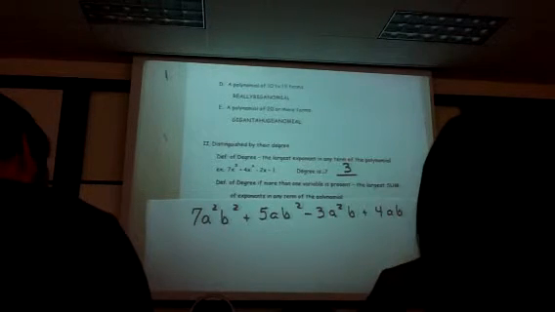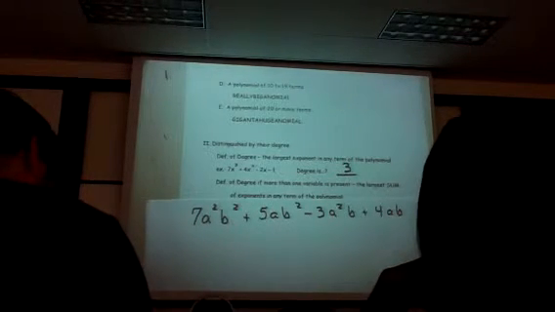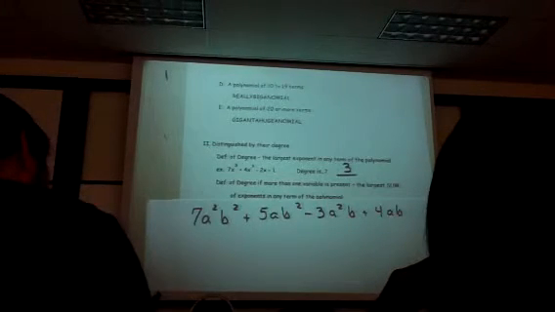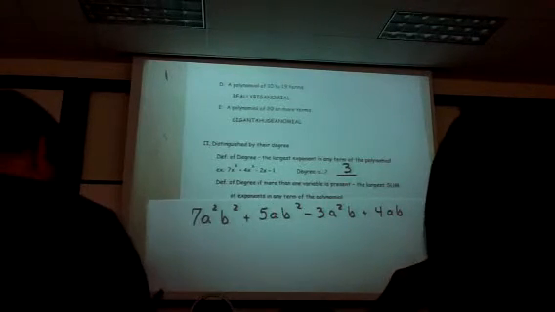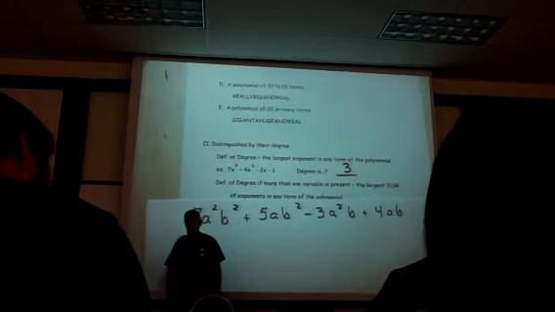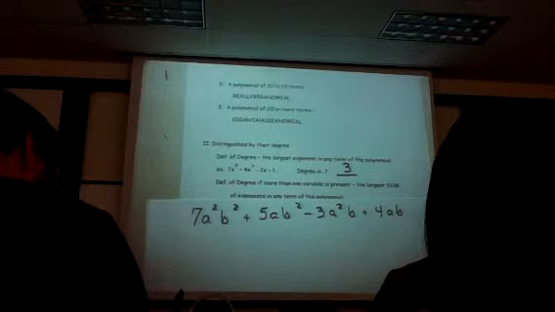That's what I mean by a polynomial of more than one variable. Still a polynomial. It's got terms, obvious parts. But how do you talk about the degree of this guy?